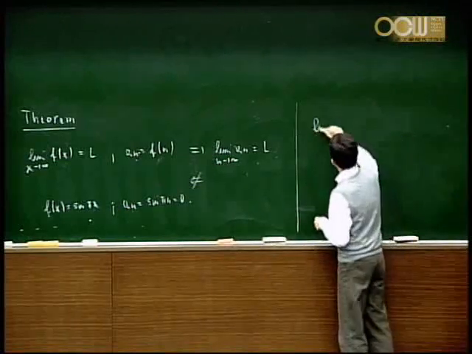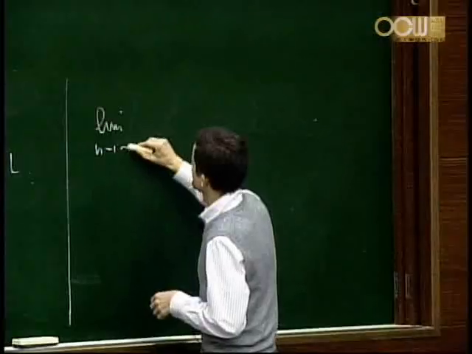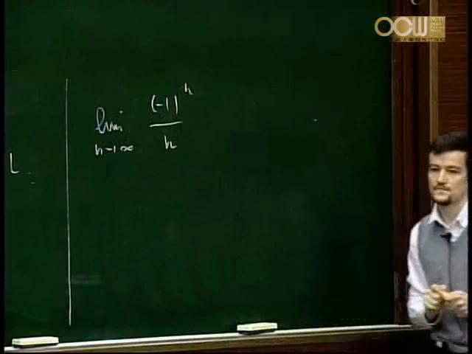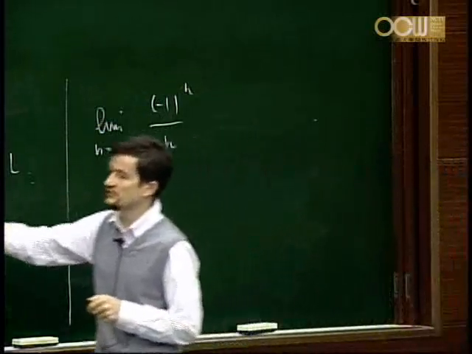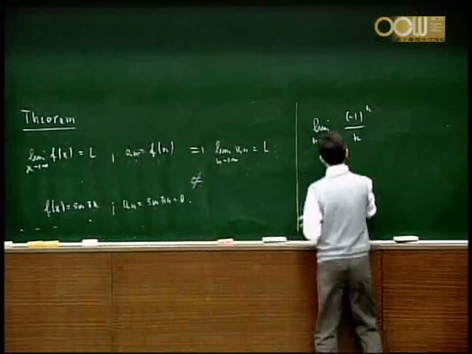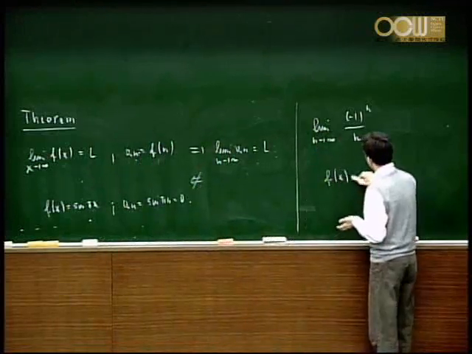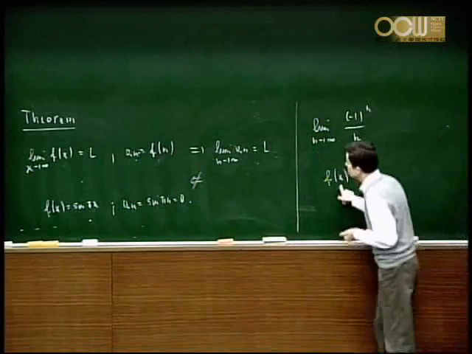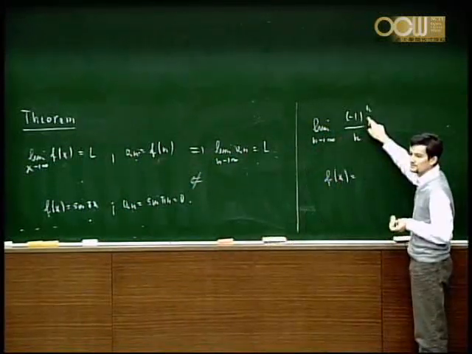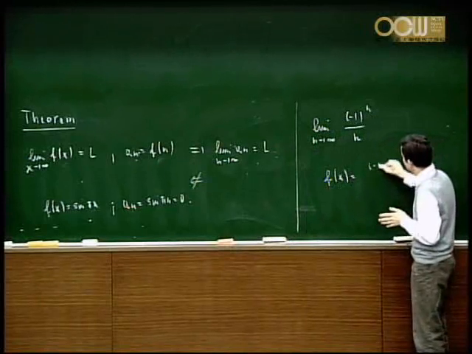But you see that, for instance, this does not work for this one. You cannot use this result here, because what would be the function? You have to find first the function which, evaluated at the integers, should be equal to this sequence. Now you would guess this one, right?